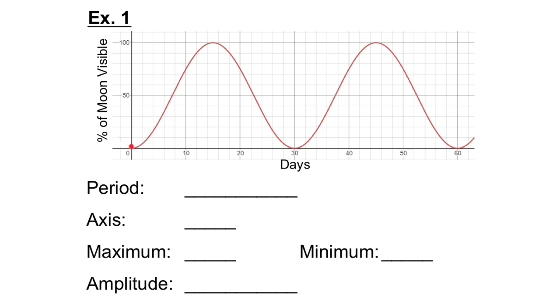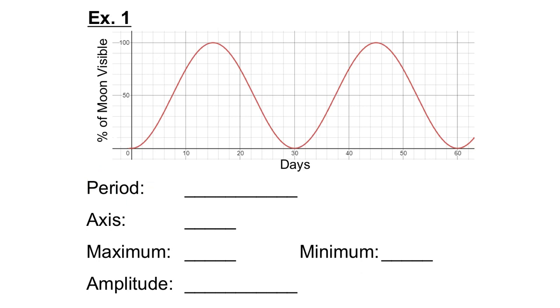One complete cycle would be from here to here. I know that's one complete cycle because now that exact same pattern repeats again. I could also say there's one complete cycle from here to here, because after this point, I get the exact same pattern repeating.